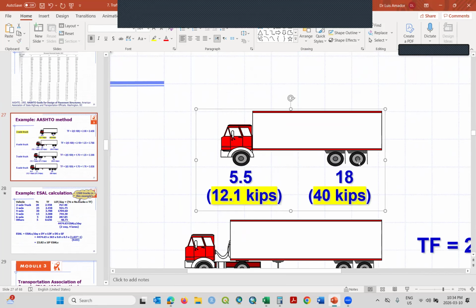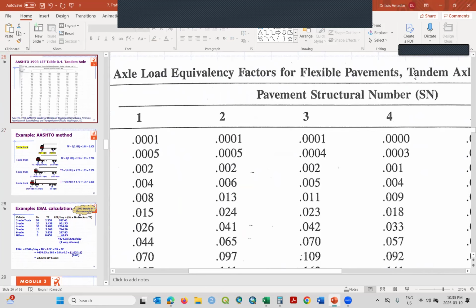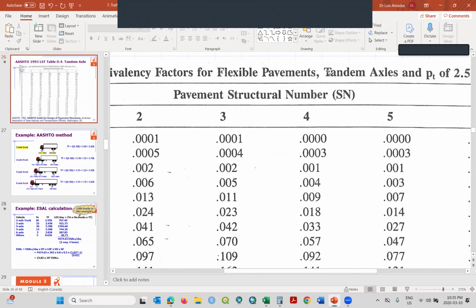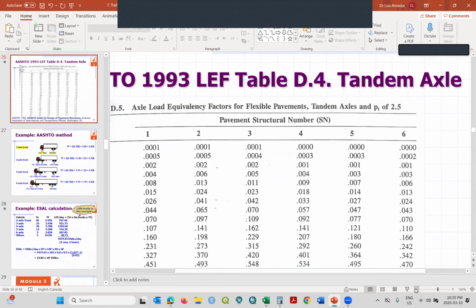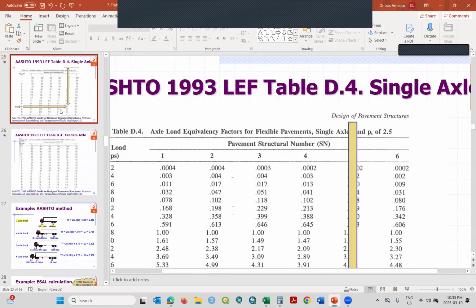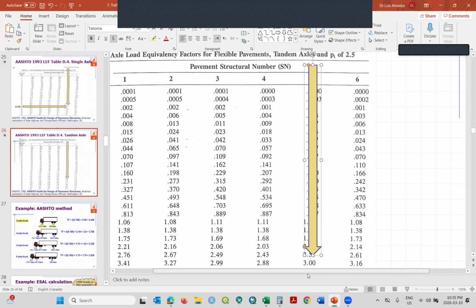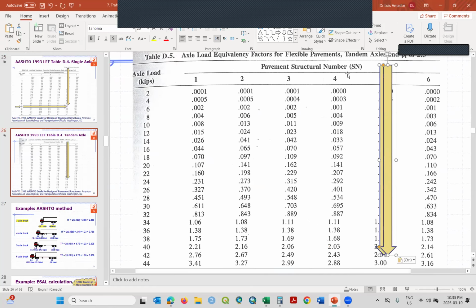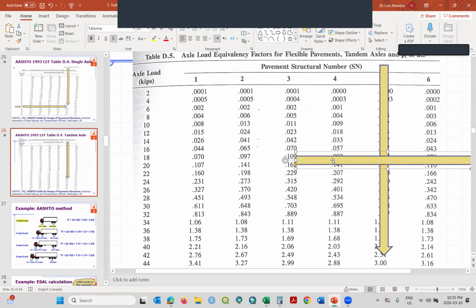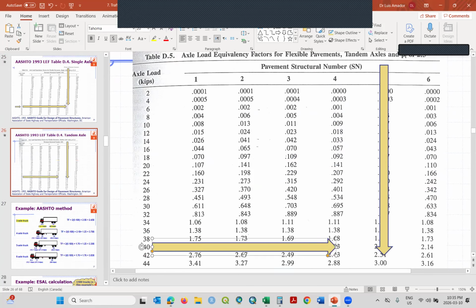You see, it has two tires. It's not a single axle anymore. So we need to use the tandem axle table, which is here. So we are again in 5 and 40. So it's 2.08.